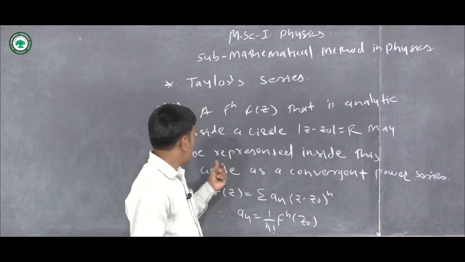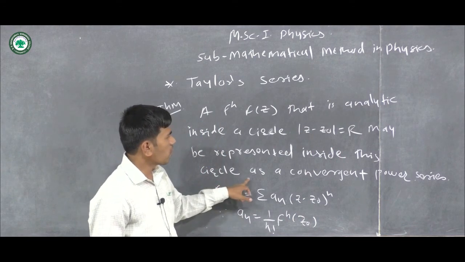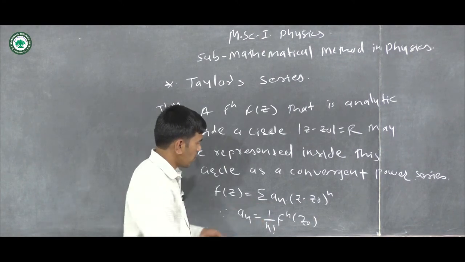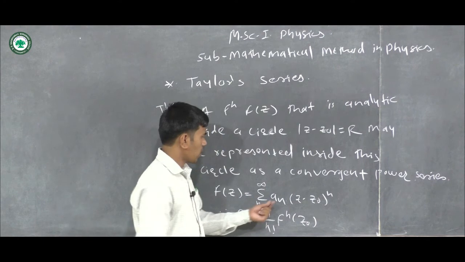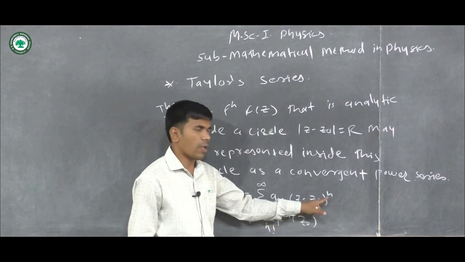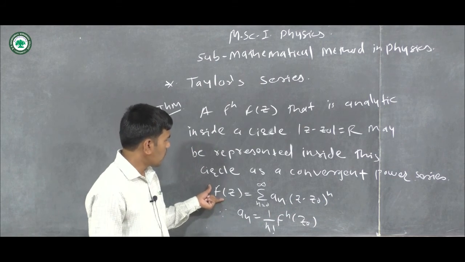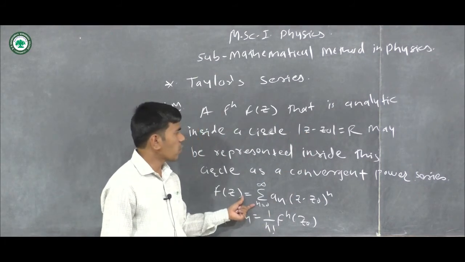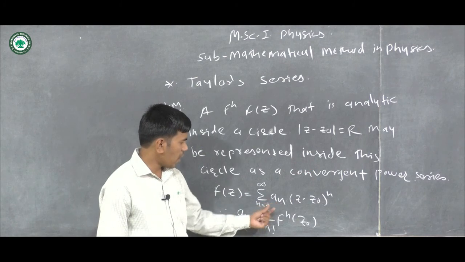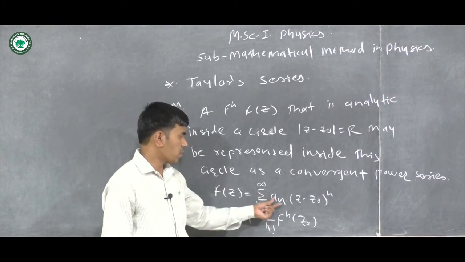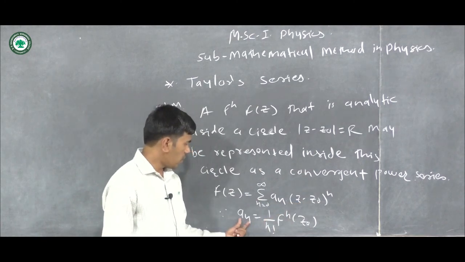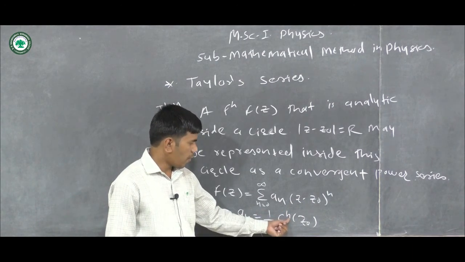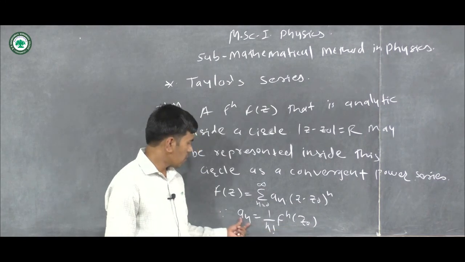This defines the circle, and inside this circle the function may be represented as a convergent power series: f(z) = sum from n = 0 to infinity of a_n (z - z0)^n. This series is analytic and convergent in the circle, and a_n is the characteristic coefficient, defined as a_n = (1/n!) f^(n)(z0).